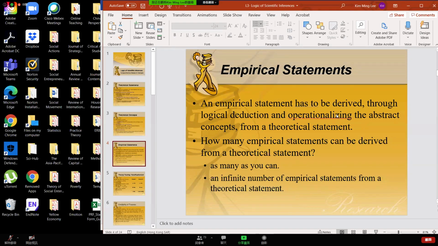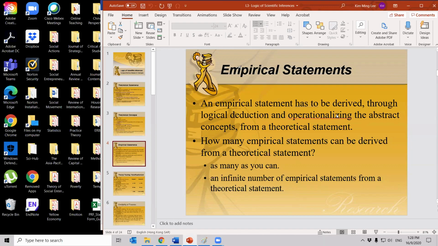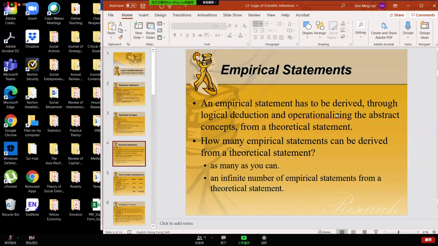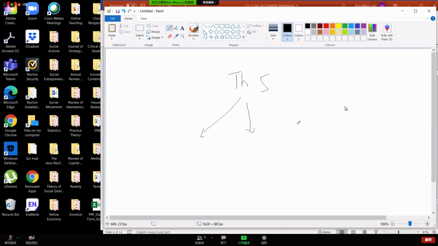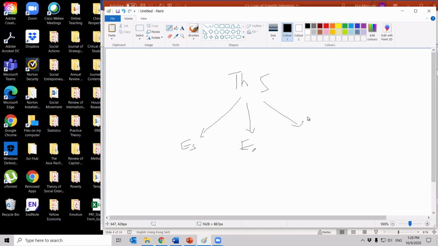So to put it simply, we have a theoretical statement, and actually we can derive a number of empirical statements from the theoretical statement, as many as you can. But normally in doing our social research, we don't need to construct so many.